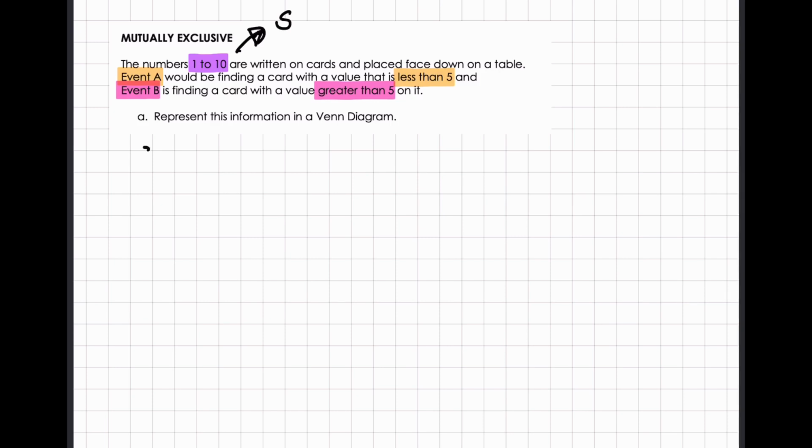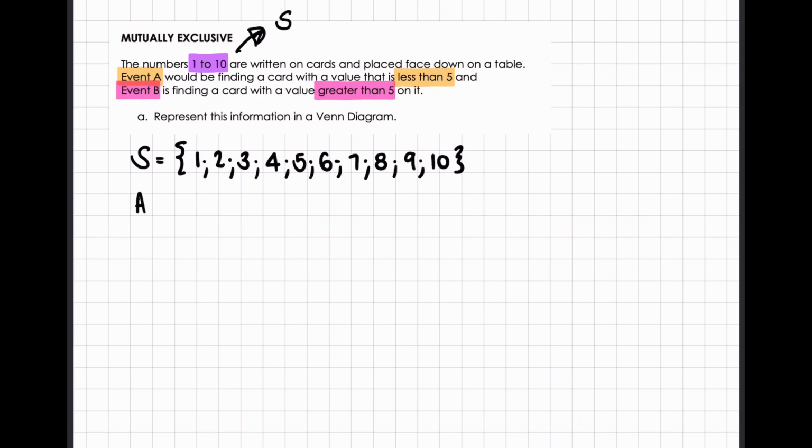So to start, we're just going to quickly list our sample space. Remember, when you list numbers, curly brackets, semicolons in between. So we have the values 1, 2, 3, 4, 5, all the way to 10. Then we have event A, which is finding a card that has a value less than 5.